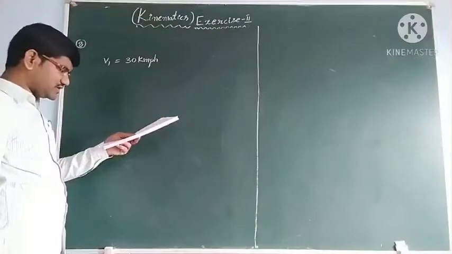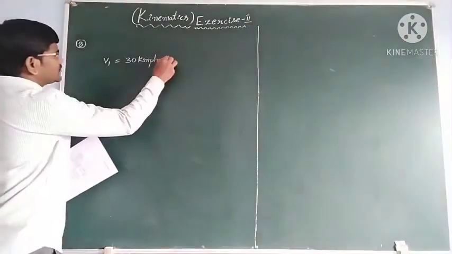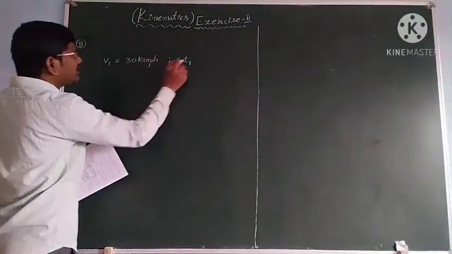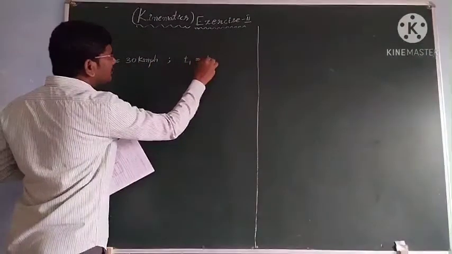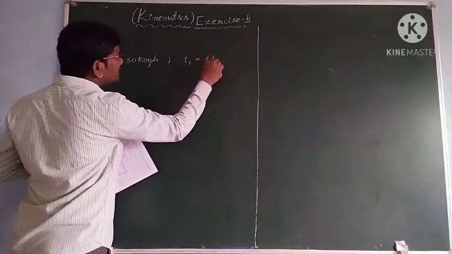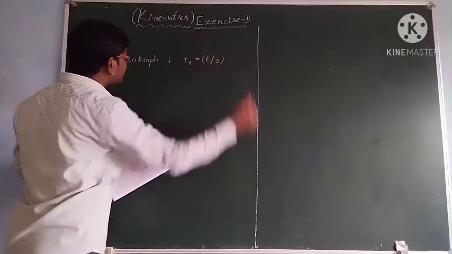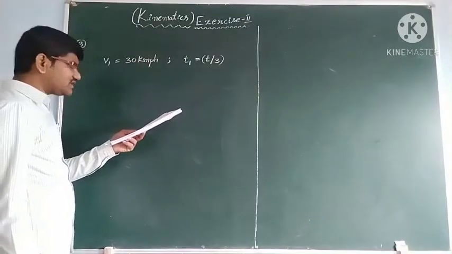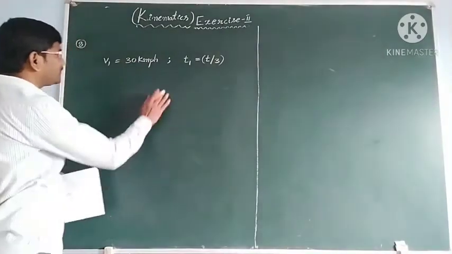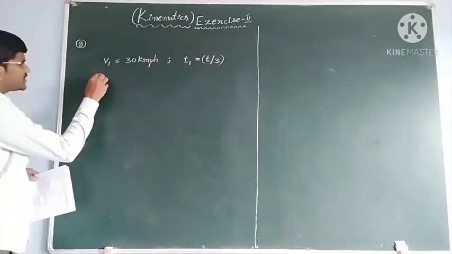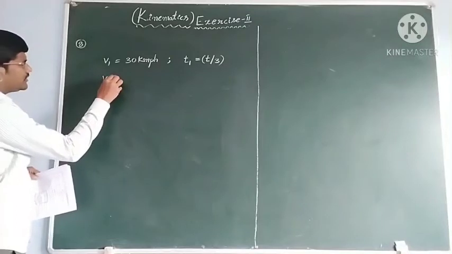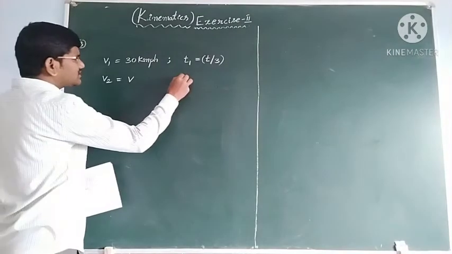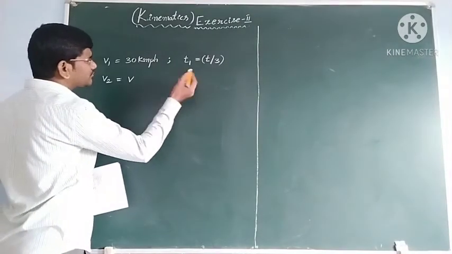For the first one-third journey time, T1 is equal to T by 3. And during the remaining journey time, he travels with a speed of V km per hour. So the remaining journey speed is called V2, that is V, and the respective time is T2. Okay, students.